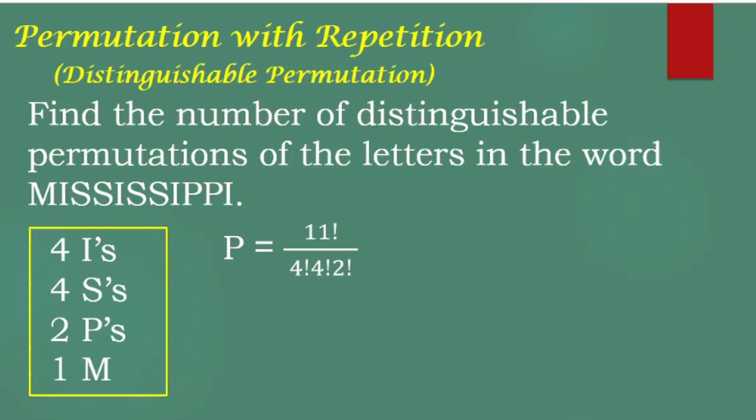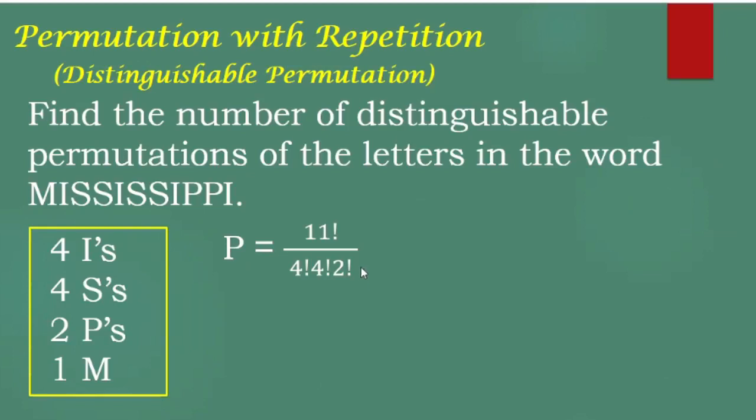So therefore, our equation here is 11 factorial, and since the letter I is 4 times, we have 4 factorial, and then we have also the 4 factorial, and then the 2 factorial.